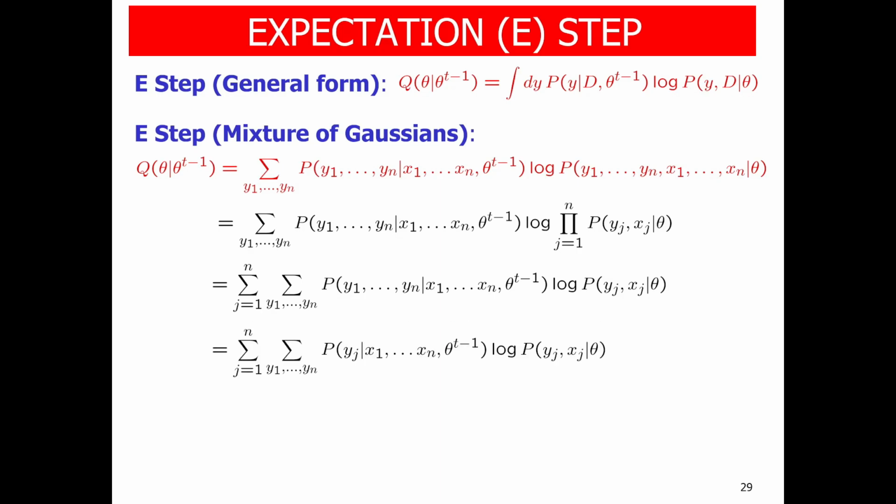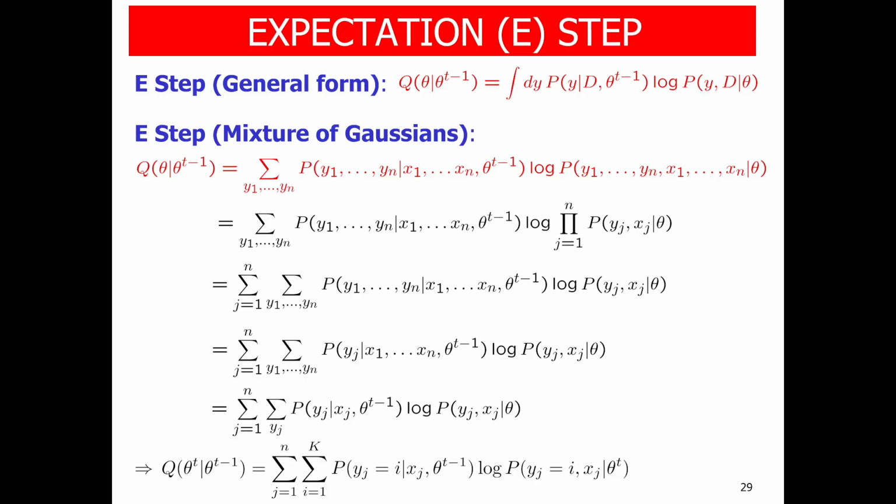Now observe that in this log function there's only one yj, therefore the other yi quantities marginalize out in this sum. So this expression can be further simplified. yj is independent from the other xi quantities, so we can simplify this even further. And finally, we arrived at this specific form of the Q function, and this is what we will use to estimate the parameters of the mixture of Gaussians.